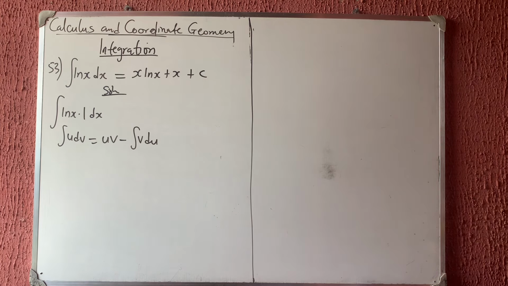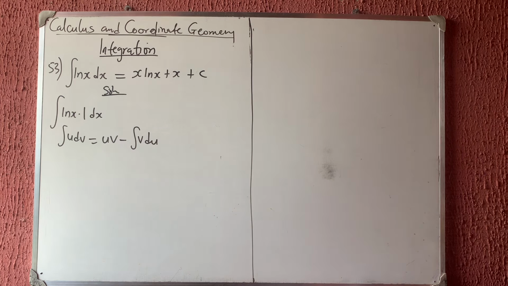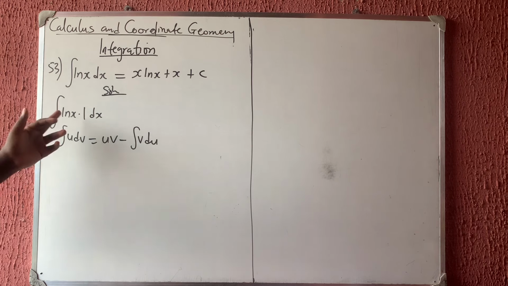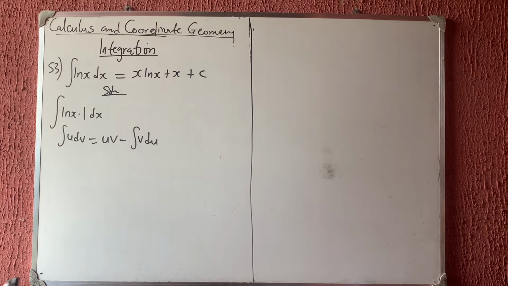Now, this means that one of them is going to be u, and the other one is going to be dv. But the problem is that we don't choose it anyhow. We don't just say that ln x is going to be u, and then 1 is going to be dv. No, we don't choose it like that.